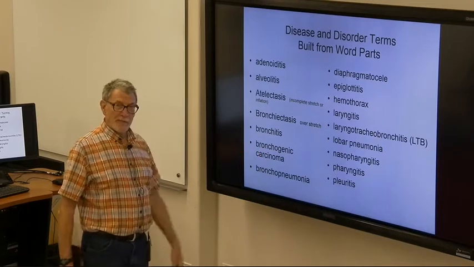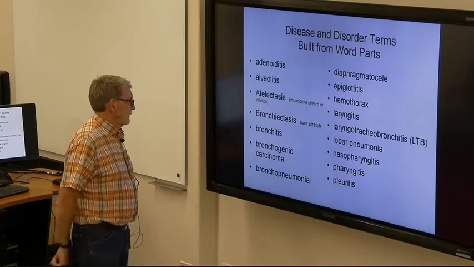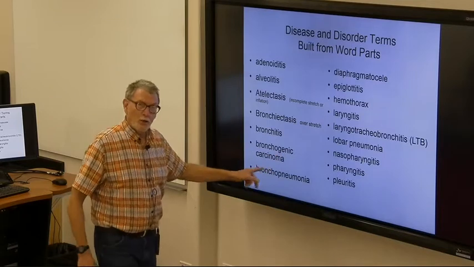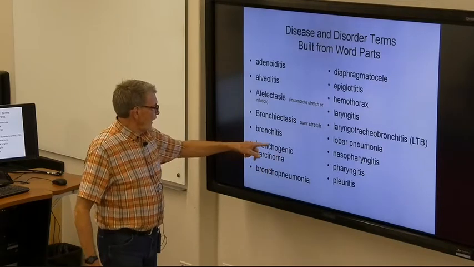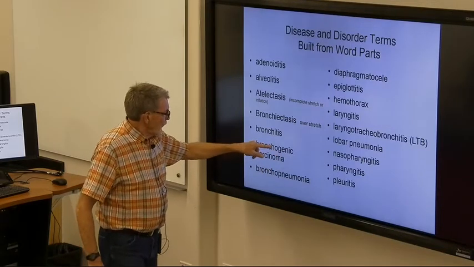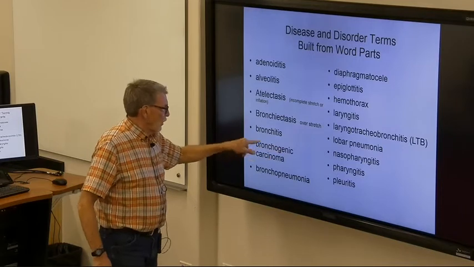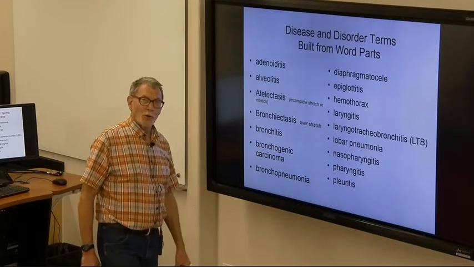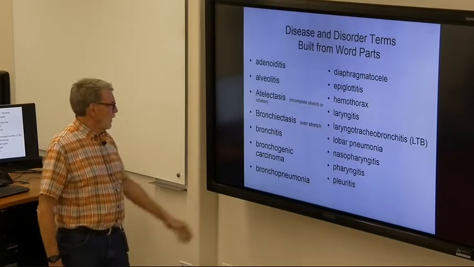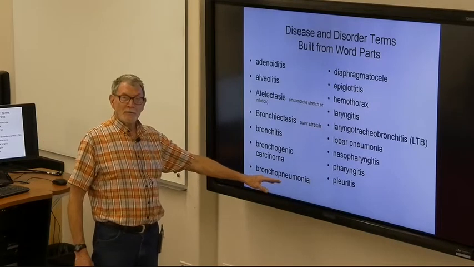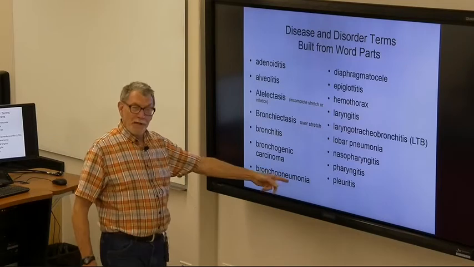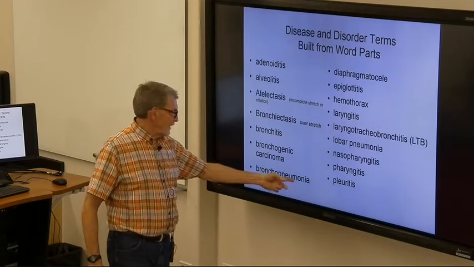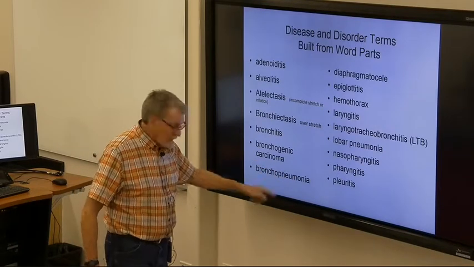Bronchitis, inflammation of the bronchi. Bronchiogenic carcinoma. This is generating in the bronchi, and it's a cancerous tumor. Bronchopneumonia. This is an inflammation or infection of the bronchi and the lungs.